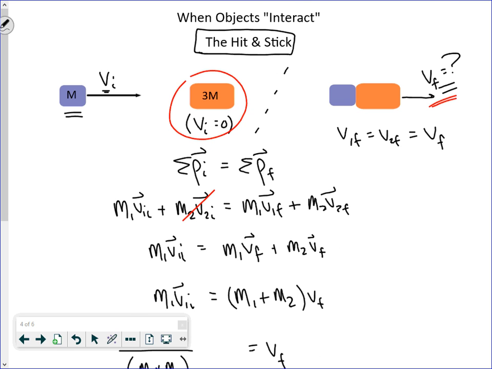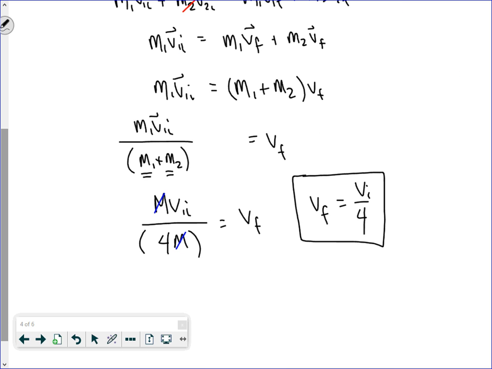The total system momentum is mv. This one doesn't have momentum. Its speed is 0. In the end, the total system momentum still better be mv. Well, it is, because now we have 4 units of mass moving at that speed.